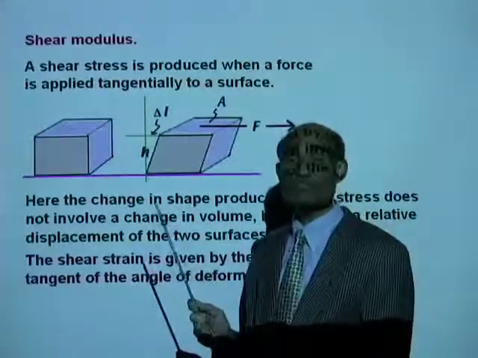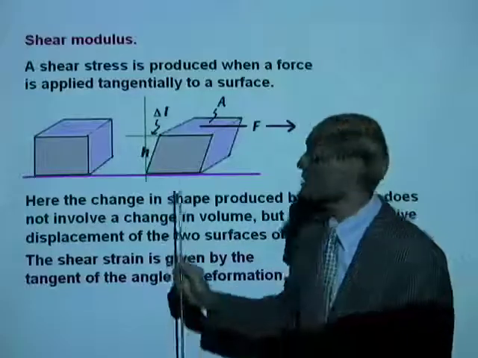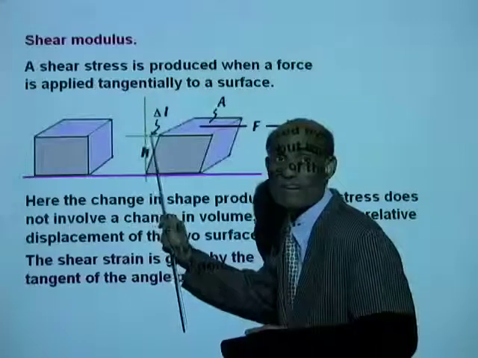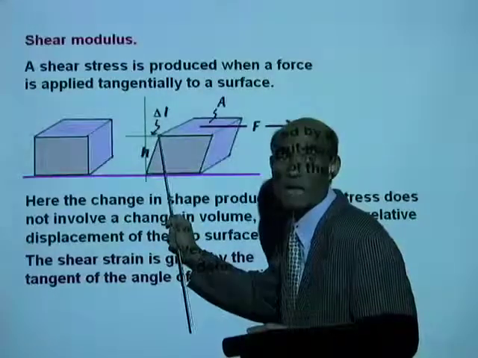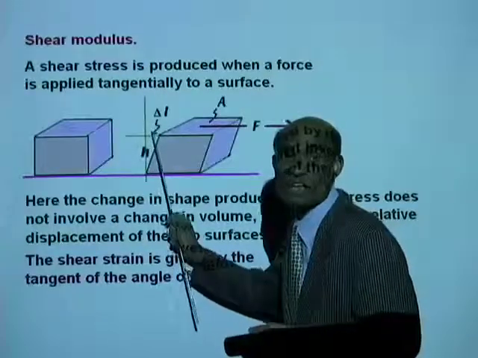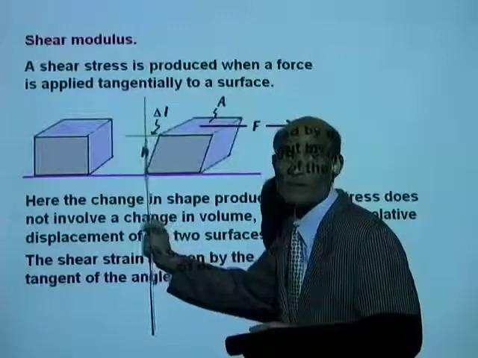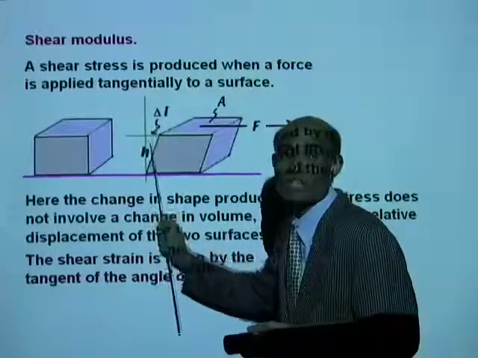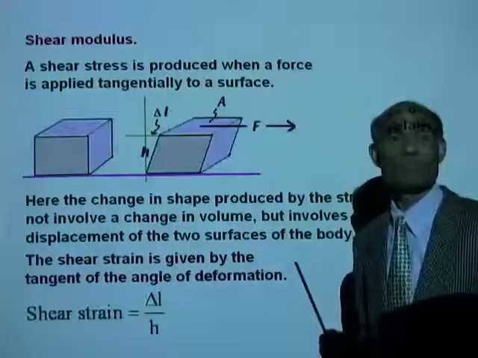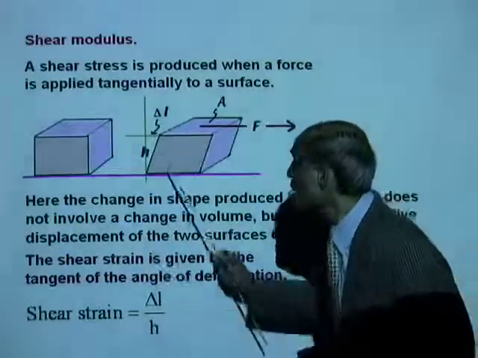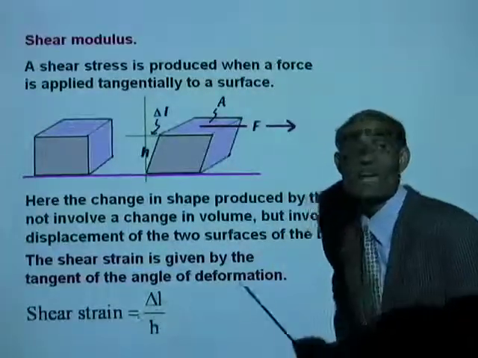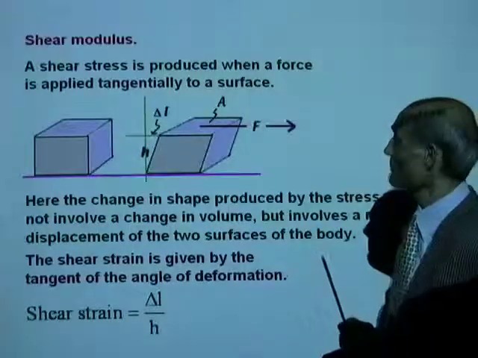Has the height changed? No, the height hasn't changed. So, if the upper surface has been displaced by a small distance delta L, then the tangent of the angle of deformation will be that opposite side divided by the adjacent side. Delta L divided by h is the shear strain here. So, shear strain is the tangent of the angle of deformation, which is delta L divided by h.